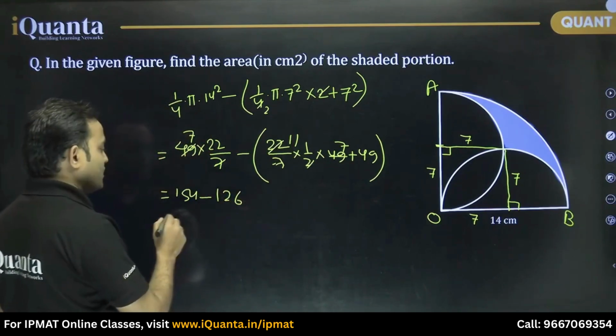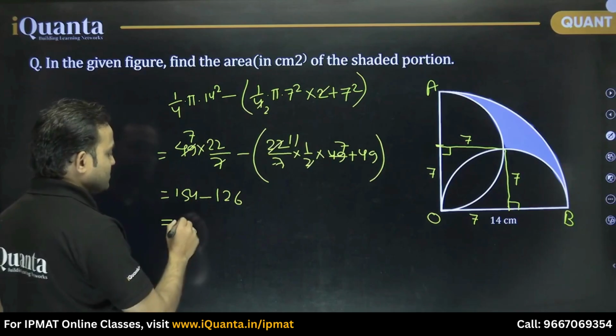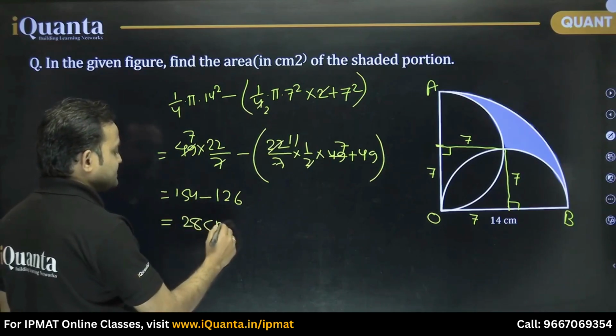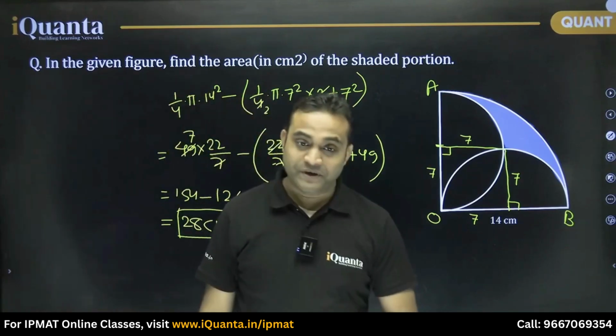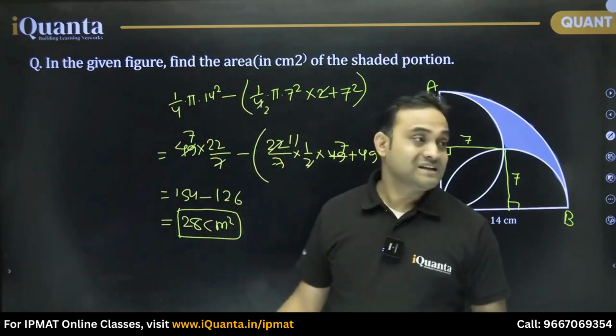So remove 126. So this will be equal to 28 centimeter square. So that will be the area of this shaded region.